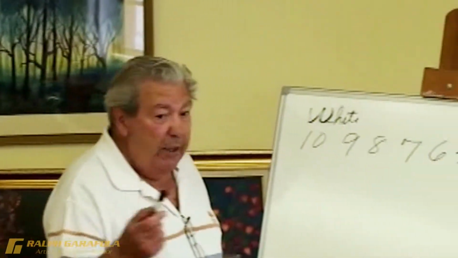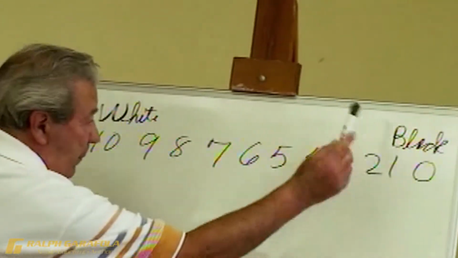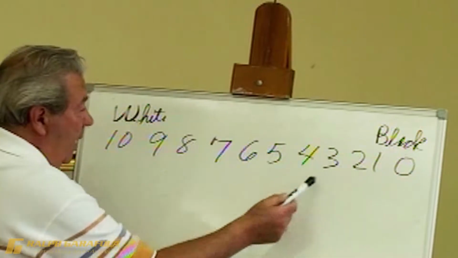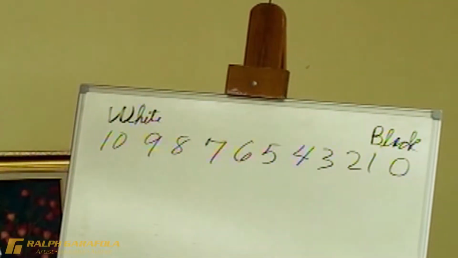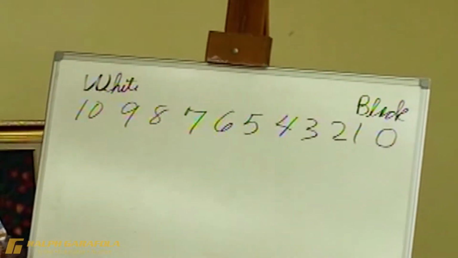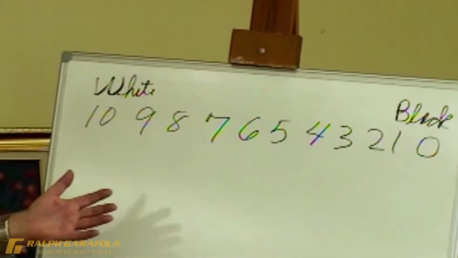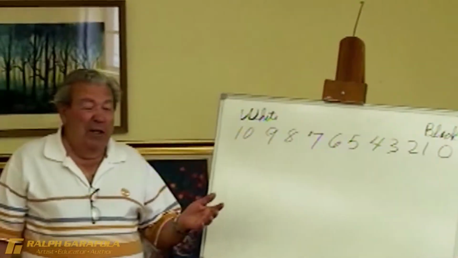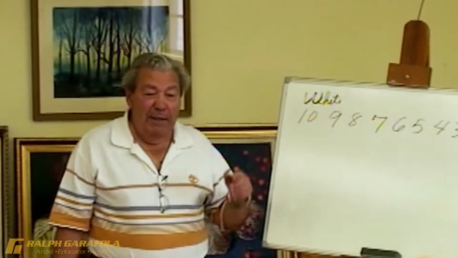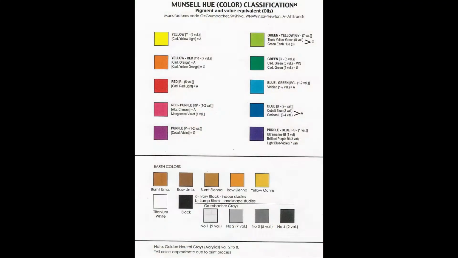So what they found is that if they broke down 9 equal steps, black being 0, and 9 equal steps to white, you can recognize those. And since there's no way to talk about values, you have to give them a number. So you have from 1 to 9, those are 9 equal steps. And that's what you judge everything by, light or dark, because that's the maximum range we have.